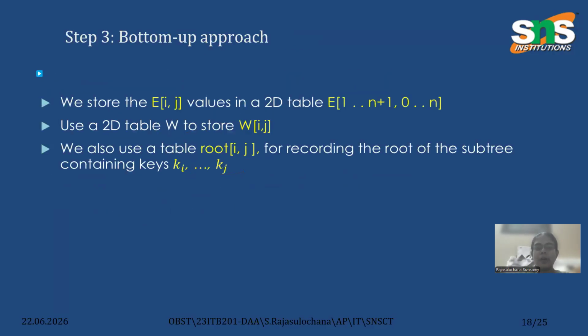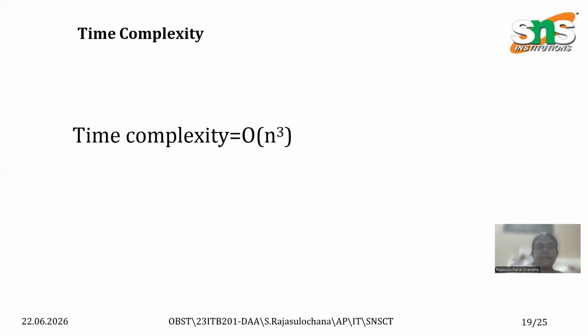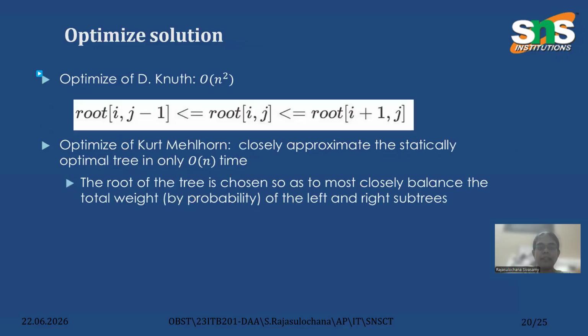We use a bottom-up approach here. The value of e of i, comma j is stored in a 2D table, and the weight is stored in w of i, comma j. We also use a root table, root of i, comma j, for recording the roots of the subtrees containing the keys. Here the time complexity is order of n cubed.